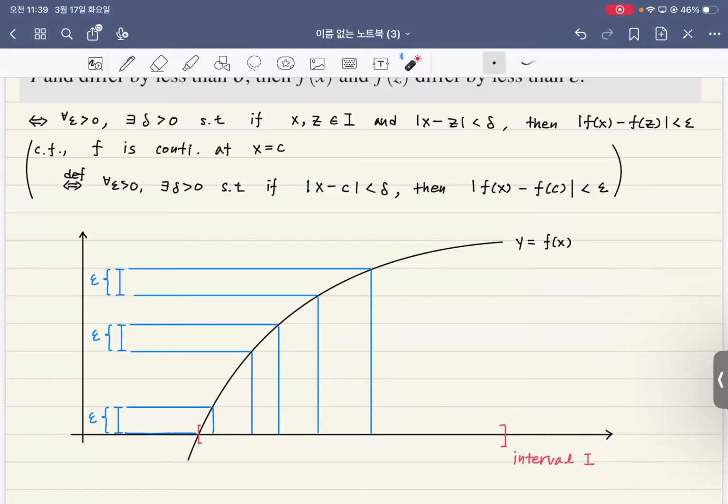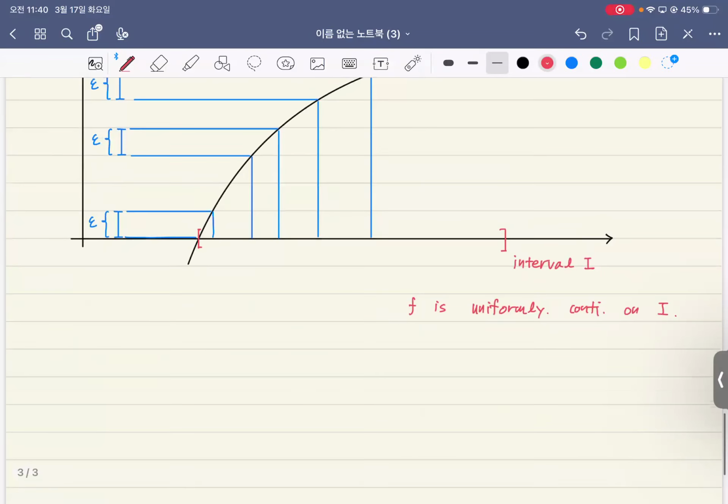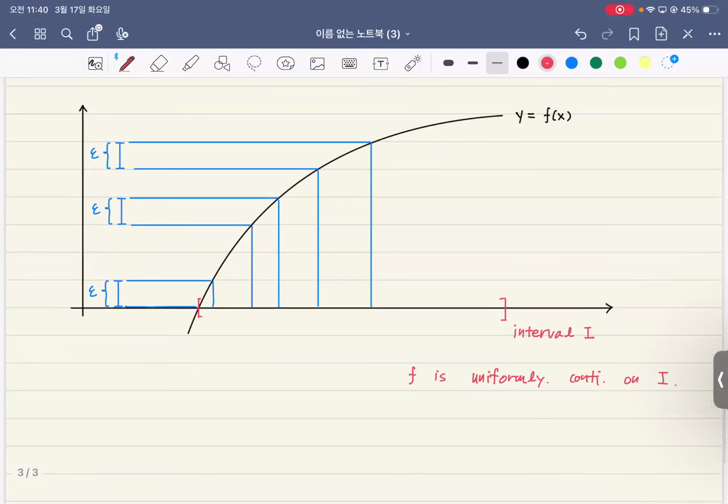So this function is uniformly continuous. So f is uniformly continuous on interval I.